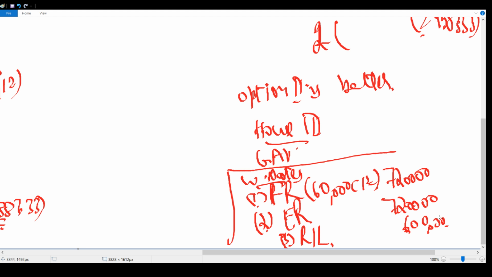GAV would be the higher of expected rent and rent received, that is 6 lakhs.